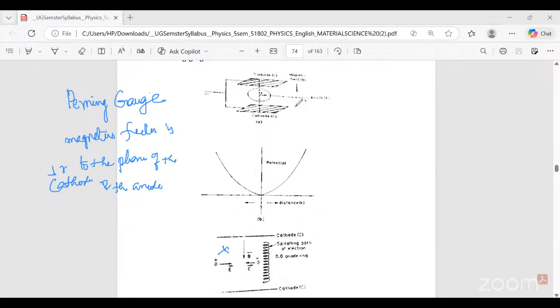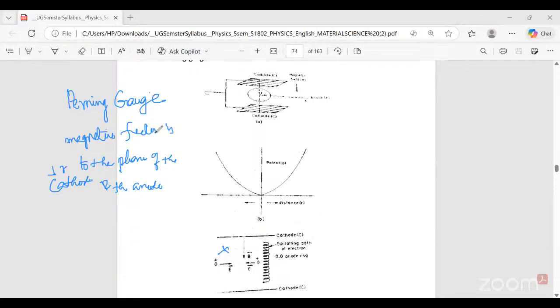Another type of method to prepare these thin films is the chemical vapor deposition method. Under this, the main methods we have are the sol-gel deposition method, the spray pyrolysis deposition method, and the chemical vapor deposition method. These are the three different methods under chemical vapor deposition.